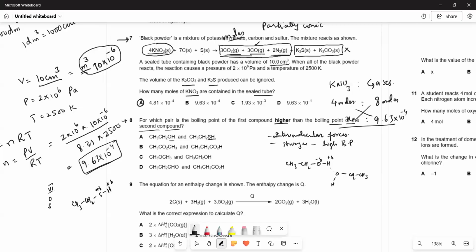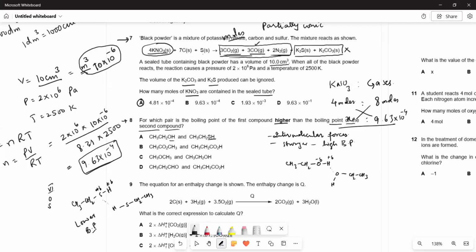The electronegativity difference is smaller here as compared to the OH group, right? So in this case, the attractive force will be weaker as compared to ethanol, so lower boiling point.